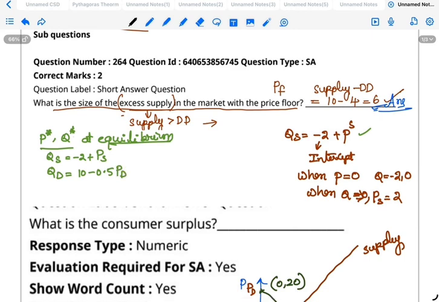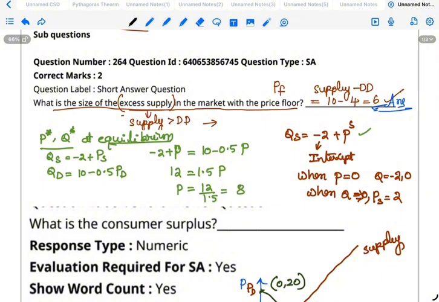If we equate these two equations, minus 2 plus P, both are P, right, equals 10 minus 0.5 P. That gives 12 equals 1.5 P, so P equals 12 by 1.5, that is P equals 8.